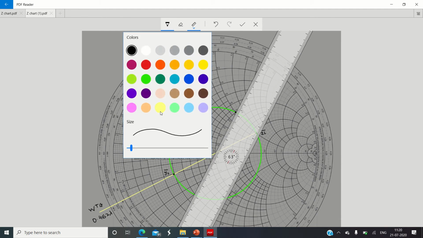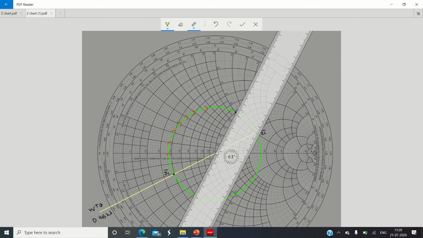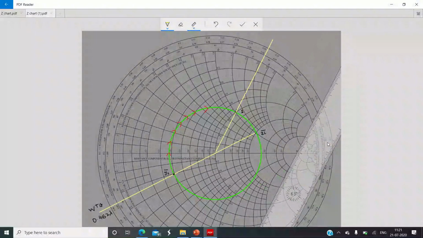I will again choose this yellow color. I will join the center of the Smith chart with point number 1 with a straight line and extend the line to the external periphery of the Smith chart in this way. If you are observing, I am drawing a straight line. After that, you remove the scale.